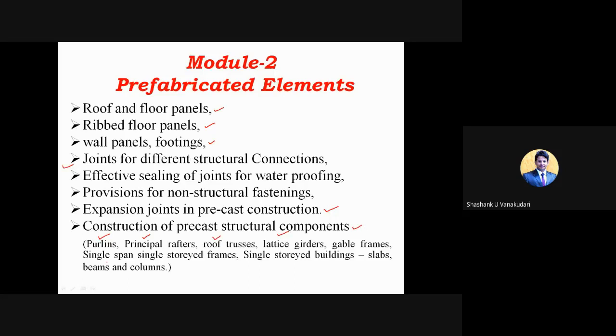So these are the different precast structural components. In this, we are going to study how exactly they are going to manufacture, how exactly they need to follow the design concepts, how they need to place the reinforcements within the concrete structures, and which are the different methods of construction. All these concepts we'll be studying in this module two.